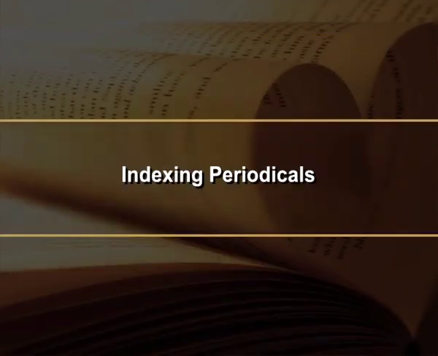Indexing periodicals. The term index originated from the Latin word indicare, which means indicate or point out the information where it is available. Index is a systematic list of items arranged in alphabetical or other chosen order.